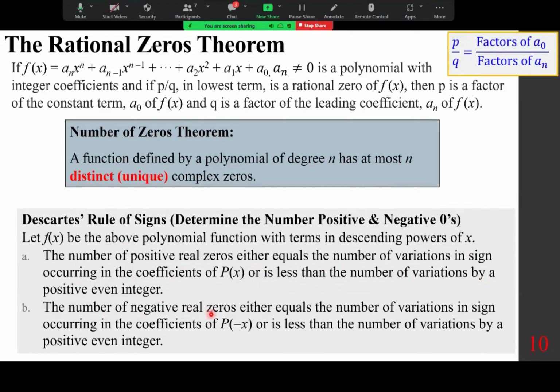The number of negative real zeros either equals the number of variations in sign occurring in the coefficients of p of minus x, or is less than the number of variations by a positive even integer. In other words, if the number ends up being 7, then the possibilities are 7, or go down by 2: 5, 3, 1. That's the idea.